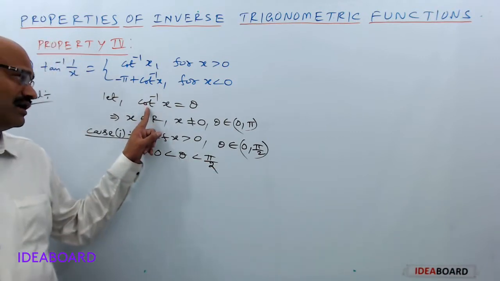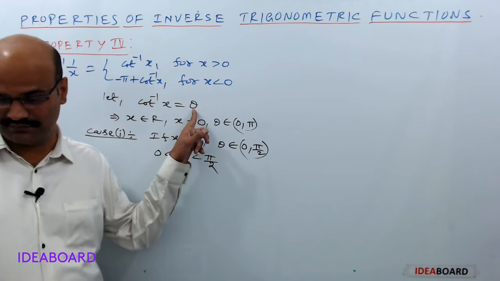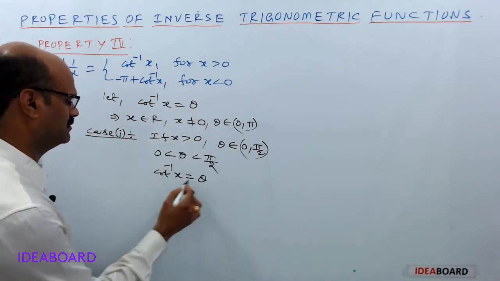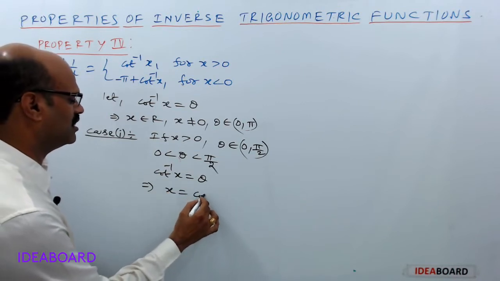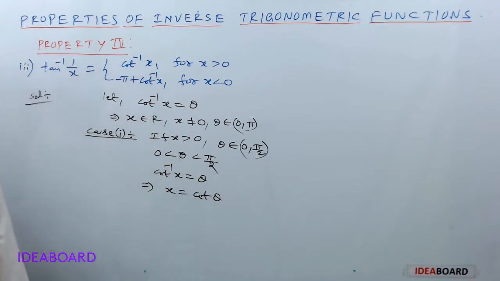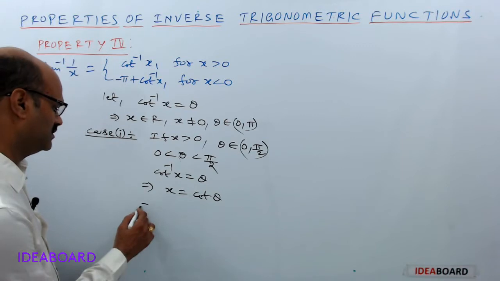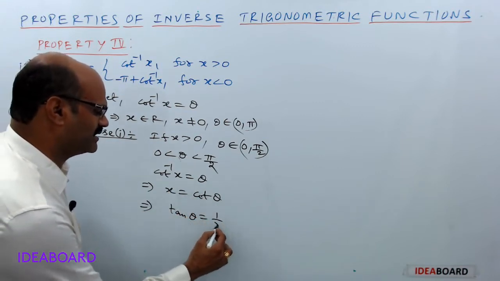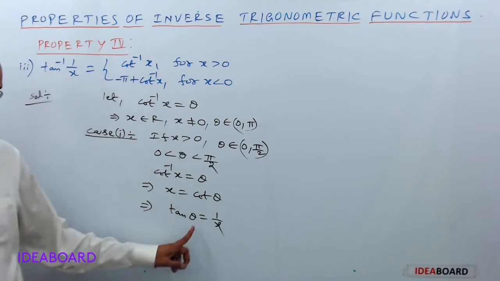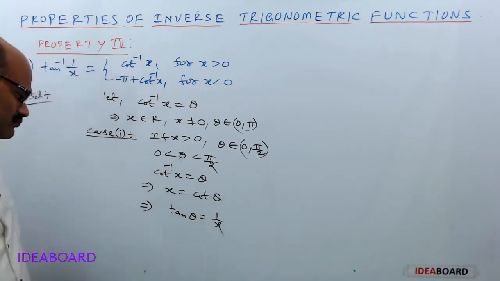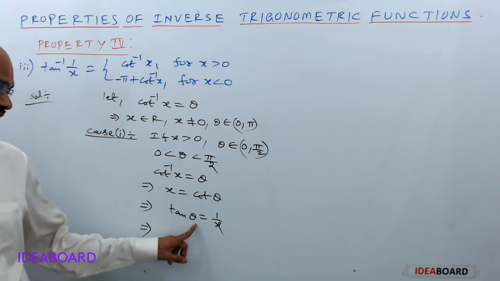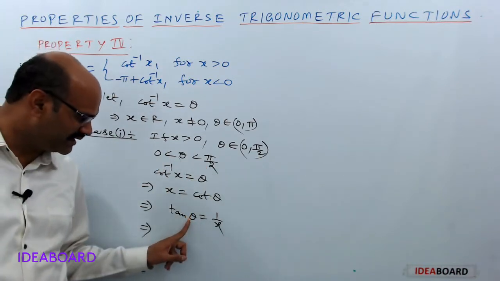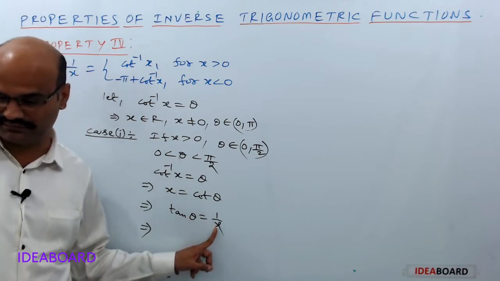Now here we have cot inverse x equals theta. It implies x equals cot theta. Now tan theta equals the reciprocal, 1 by x. Then, since theta belongs to 0 to pi by 2, we can take the inverse of this function.